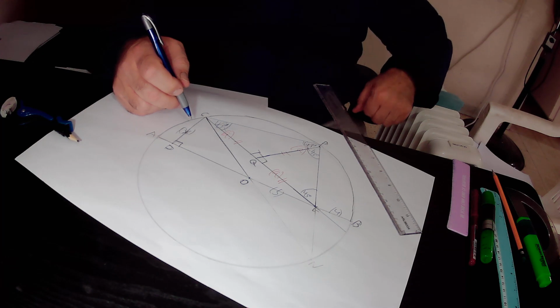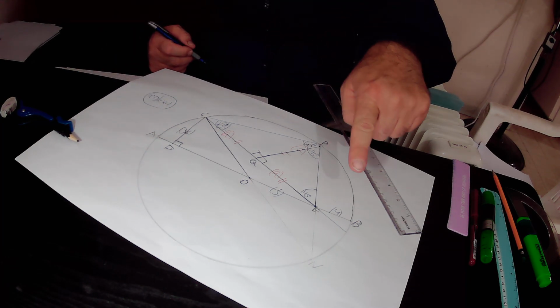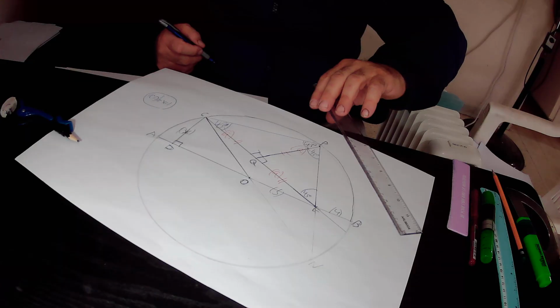We will define the touching point of the extended side CE with this circle. This point is point M.